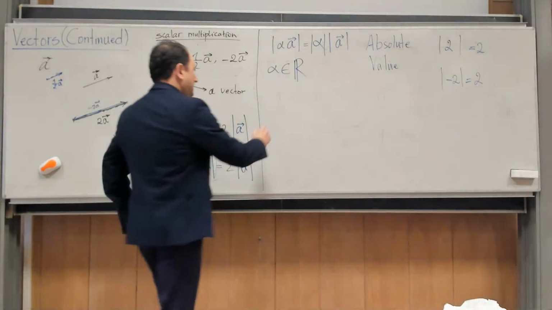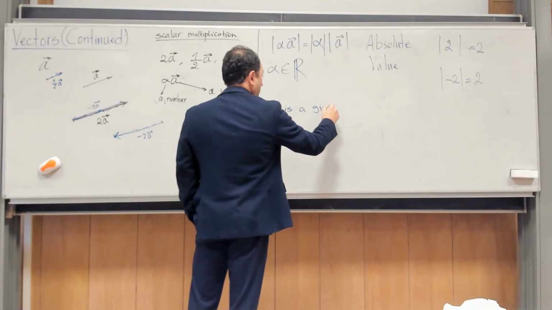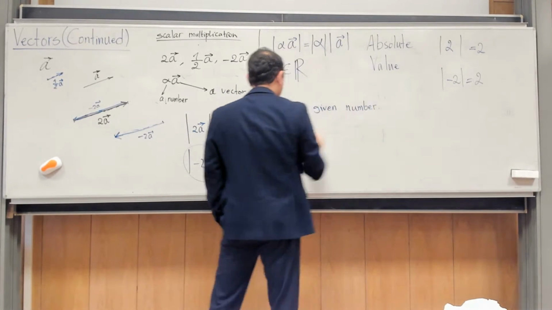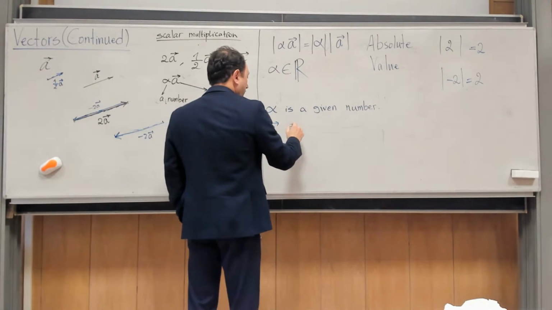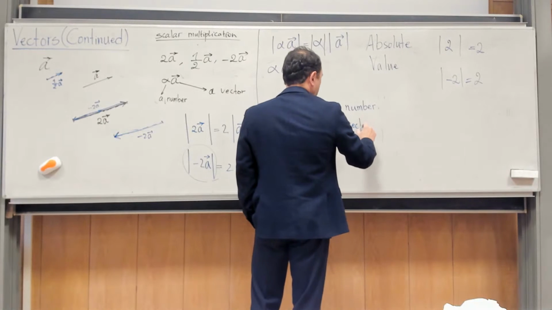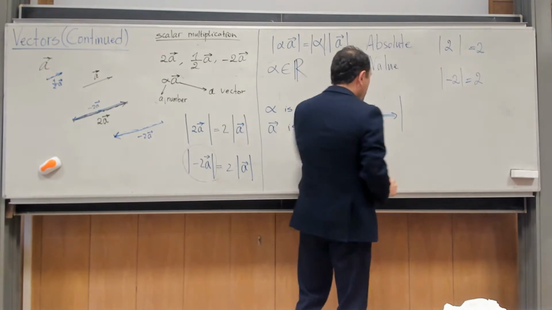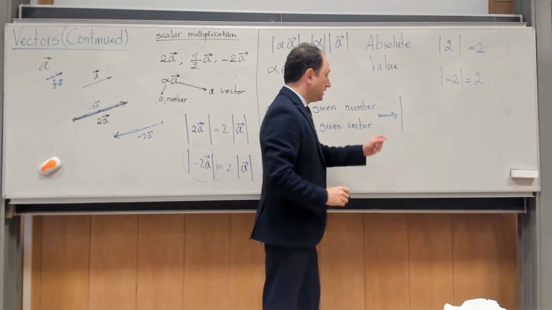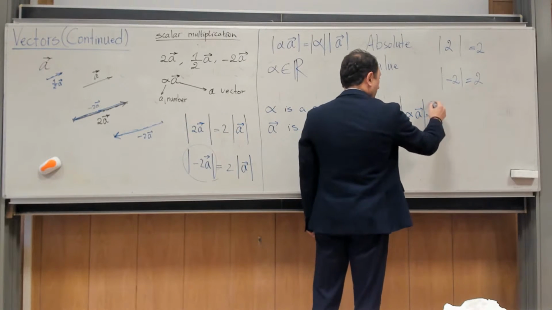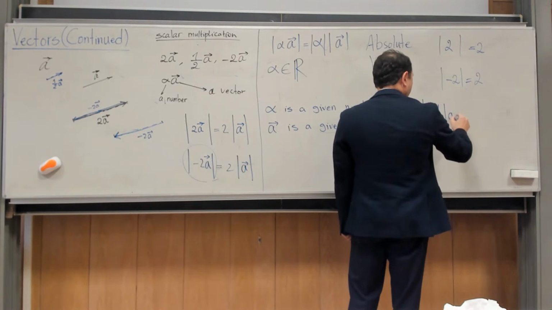If alpha is a given number, and A is a given vector, then you can write that the magnitude of alpha A is equal to the absolute value of alpha multiplied by the magnitude of A.